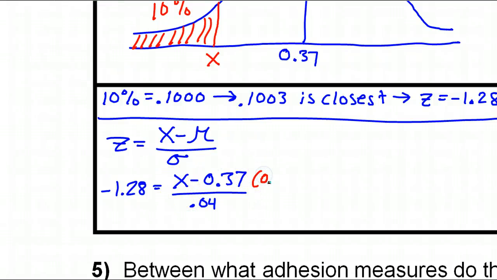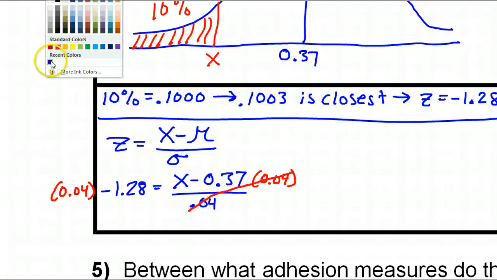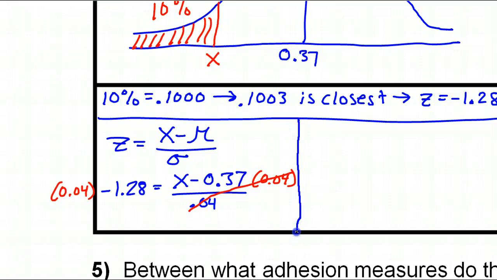I would multiply both sides by 0.04. That way these cancel out. Now let's see, 0.04 times negative 1.28 is negative 0.0512, and that's equal to x minus 0.37.